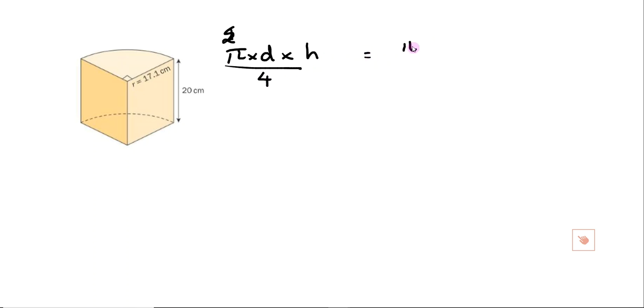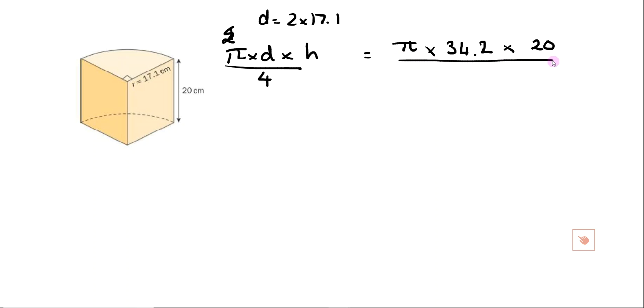So that's pi times d, which is 2 lots of 2 times 17.1, which is 34.2. Times the height, which is 20, and then you divided it by 4. And we get the answer 537.2. I put that.